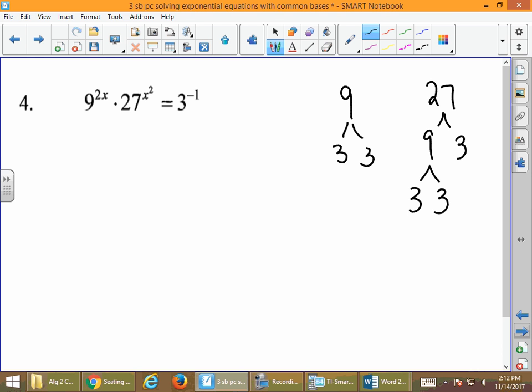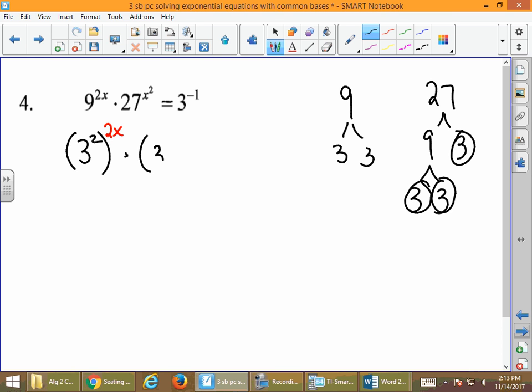So when we go back into this problem to rewrite it, 9 is 3 squared. Don't forget, that's raised to the 2x. And we're going to multiply that by 27, and off to the right, we just figured out that 27 is 3 times 3 times 3.